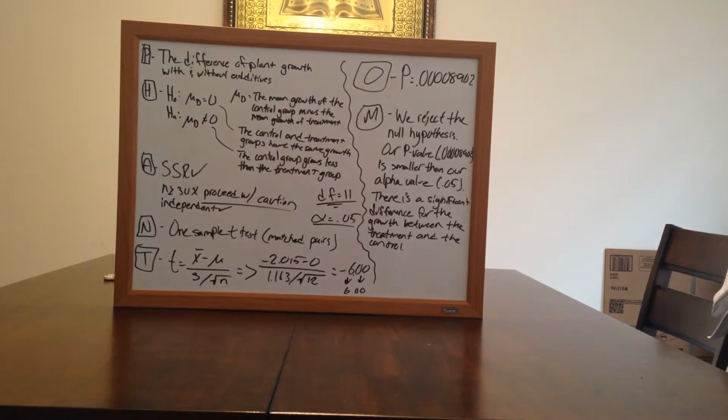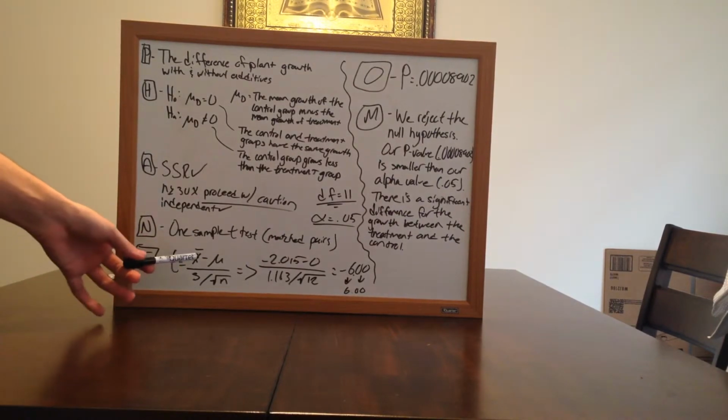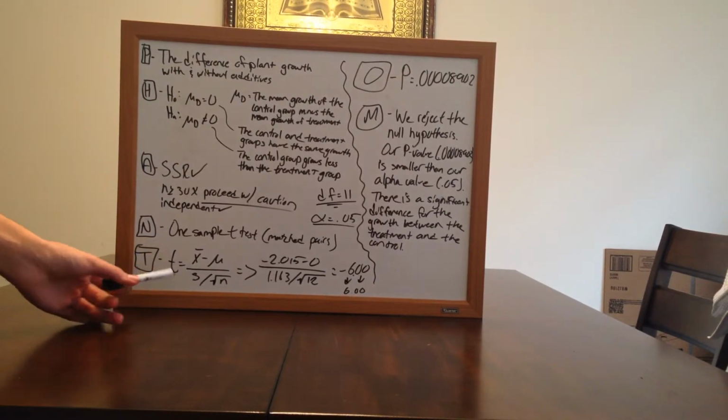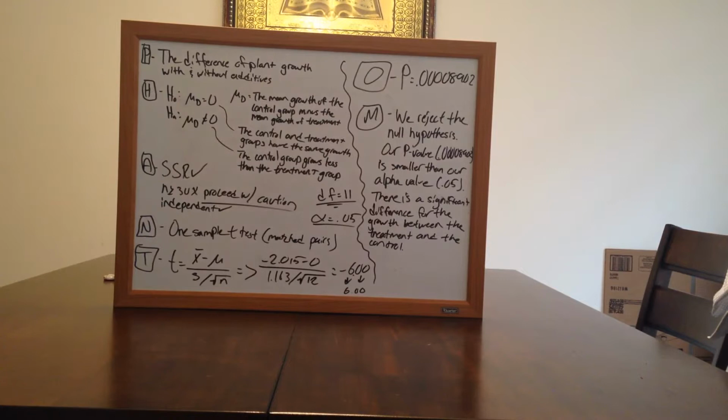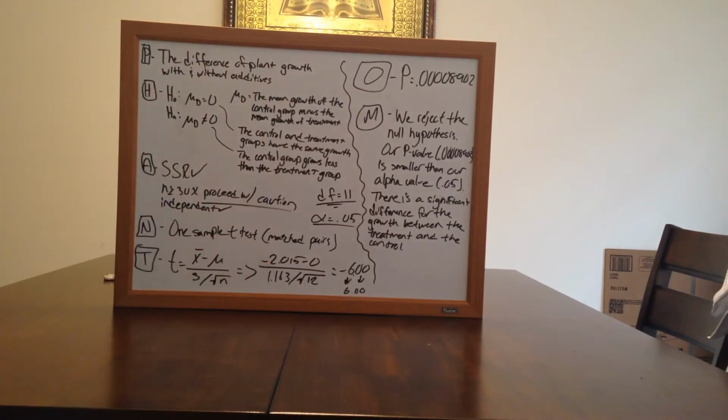So our formula is the t-score equals x bar value minus the mean, all over the standard deviation divided by the square root of n. So looking at the computer output that they gave us, we see that the mean is negative 2.015. That's the difference of the control and the treatment group.